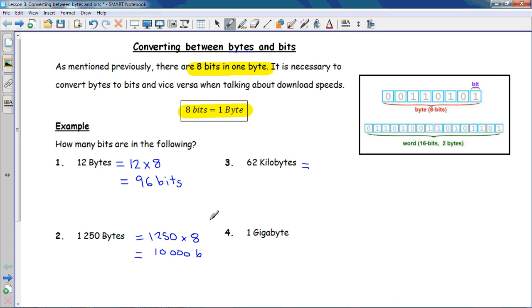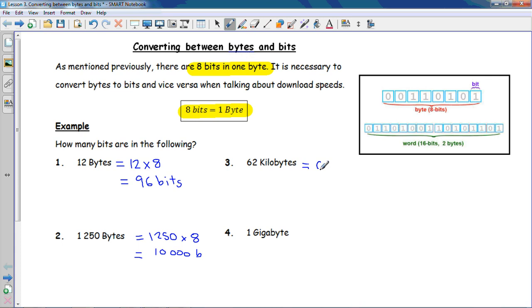Alright, so that was bytes to bits, straightforward. But this time we have 62 kilobytes. So we have to go back to our previous lesson and think, well, we need kilobytes in bytes first before we can convert it to bits. So if we remember, there are 1024 bytes in a kilobyte.